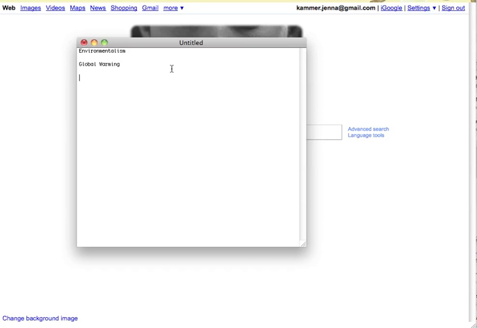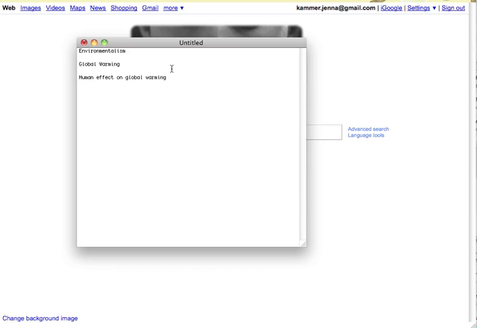And I need to narrow that down even more to a specific aspect of global warming. I can't just write about global warming, that could be a whole book. So a narrower aspect of global warming might be the human effect on global warming.